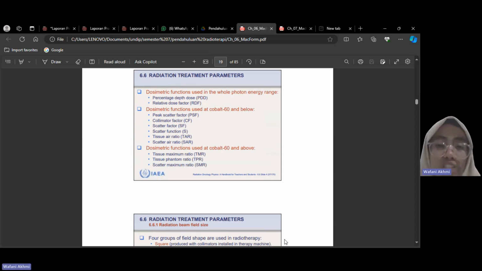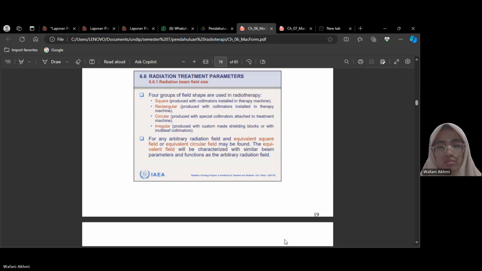There is a dosimetric function used in the whole photon energy range, a dosimetric function used at cobalt 60 and below, and a dosimetric function used at cobalt 60 and above. Four groups of field shape are used in radiotherapy: square, rectangular, circular, and irregular.